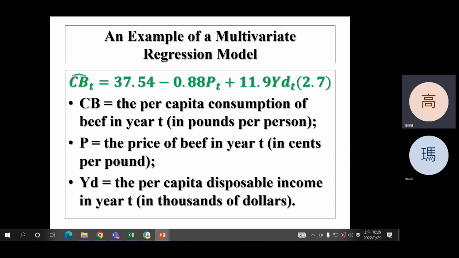We expect the coefficient of P to be negative and the coefficient of YD to be positive. As long as we get the same result as we expected, it's fine. But many times you'll get the opposite result. Then in this case, you need to figure out what's wrong with it.